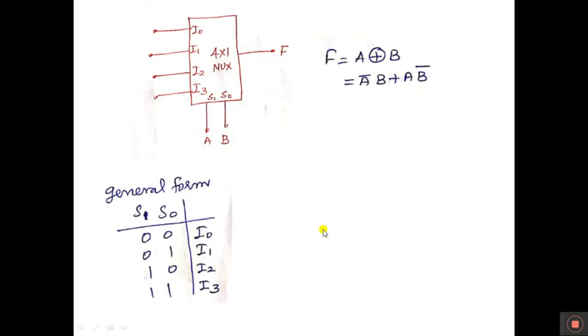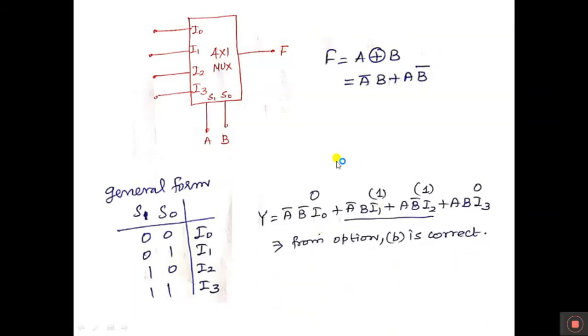According to this, we can write the general equation: y equal to, with selection lines AB, here 0 0, so we can write A bar B bar I0 plus A bar B I1 plus A B bar I2 plus AB I3.